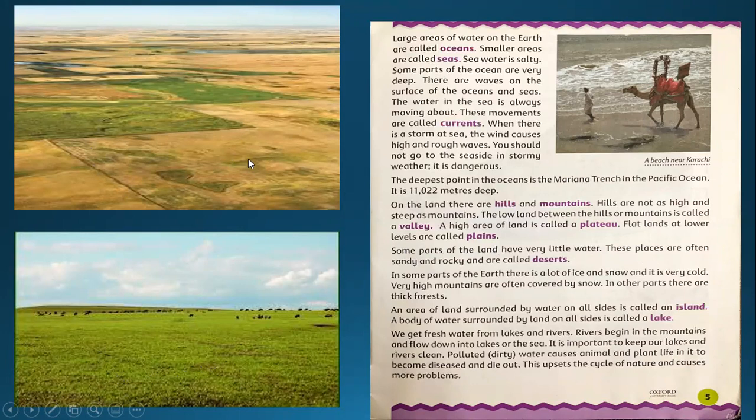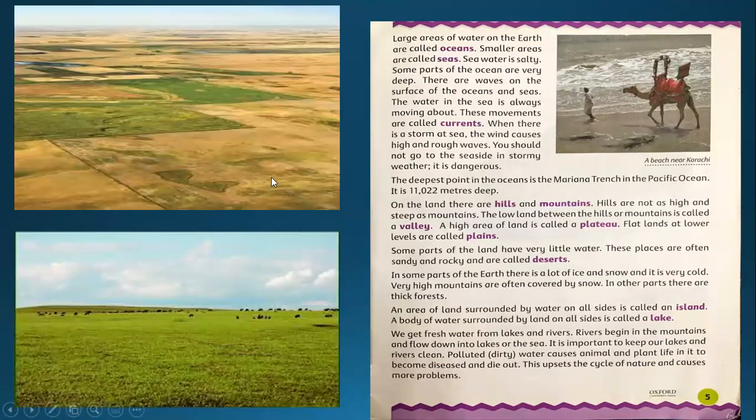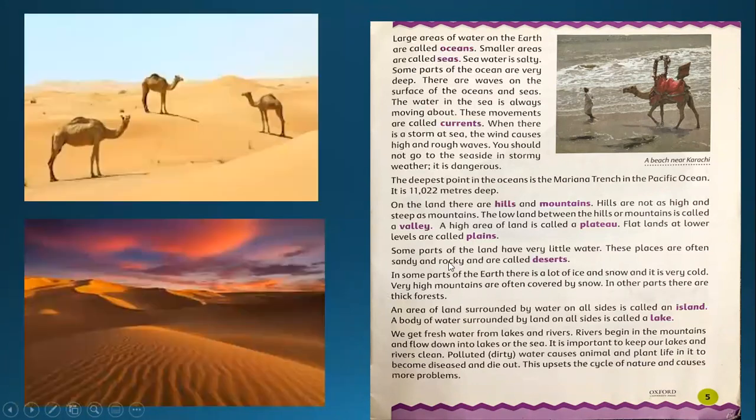Plateau is the opposite of plains. Plateau is the highland. A high area of land is a plateau, and flat land at the lower level is called plains.